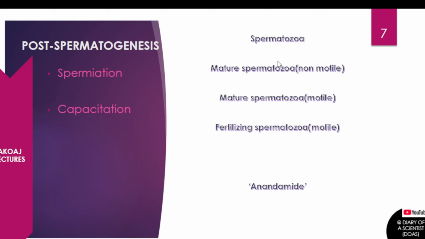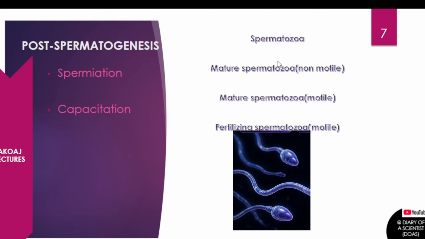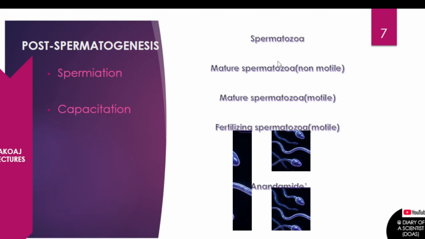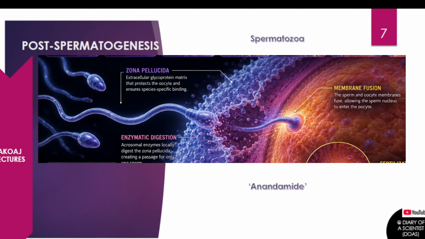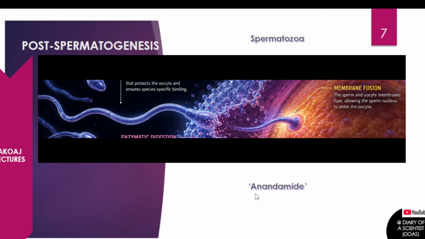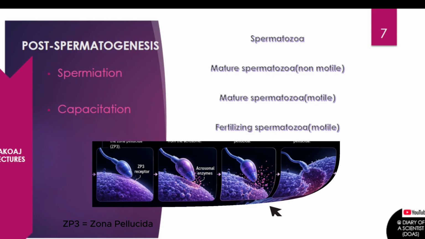Now, when they are deposited into the female reproductive tract, tail movement is suppressed so as to conserve the energy contained in them. But as soon as they get close to the ovum, the tail movement is increasingly activated. They are able to know that they are in close proximity because of the presence of a particular substance known as anandamide. This anandamide activates the enzymes contained in the acrosomal cap.